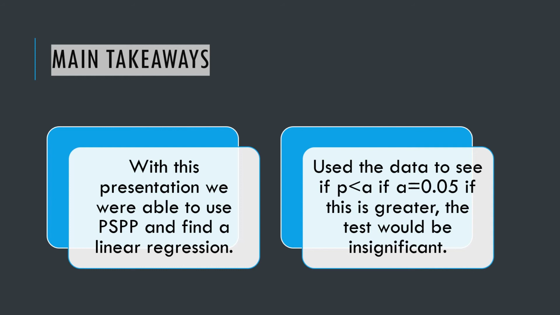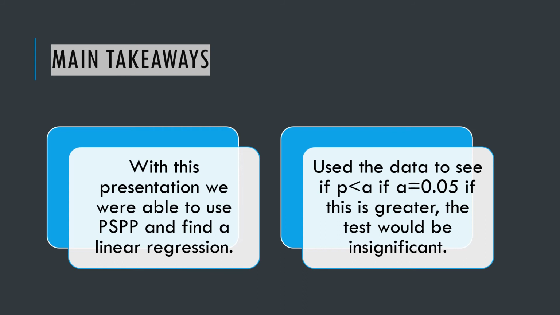So our main takeaways, I think, with this presentation: we were able to use PSPP and find linear regression from data that we had, and that data allowed us to see if our p-value was less than our alpha, which was 0.05.